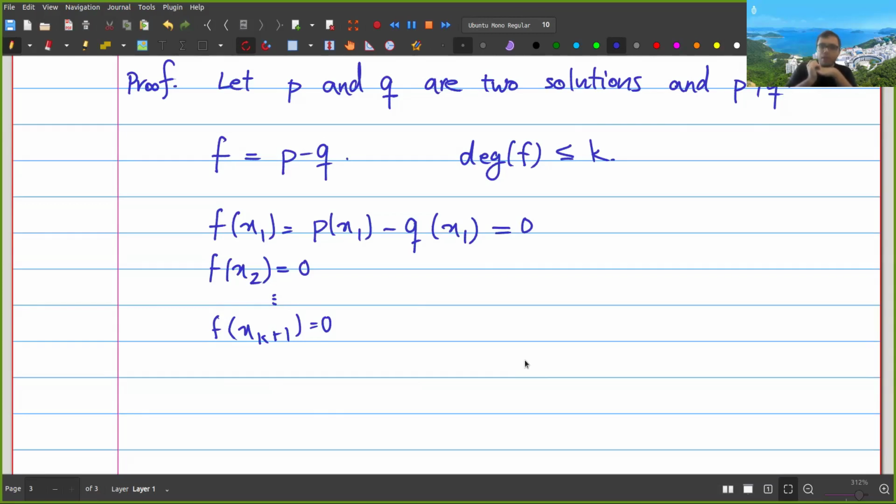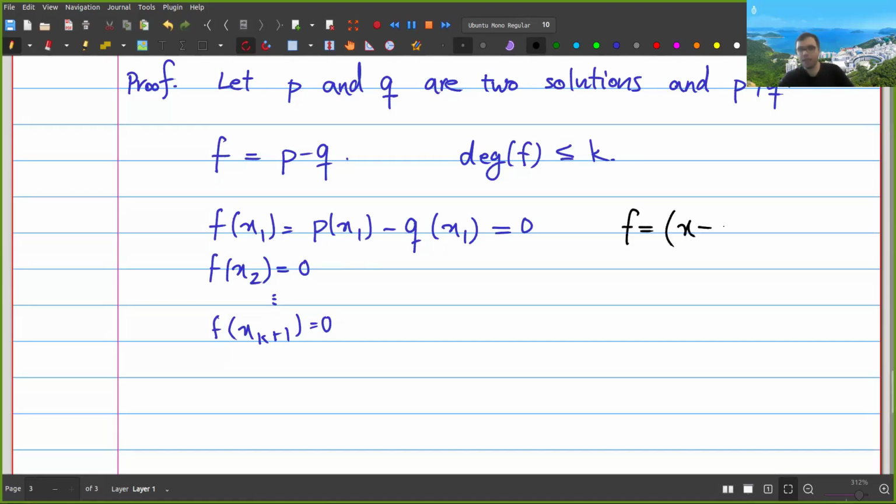Maybe it has more, but it has at least k plus 1 roots. It has k plus 1 values of x, for which if I calculate f of x, it would be 0. But for those of you who've passed algebra, we're working in a Euclidean domain here. So basically what I mean here is that if f of x1 is 0, that means that f can be written of this form.